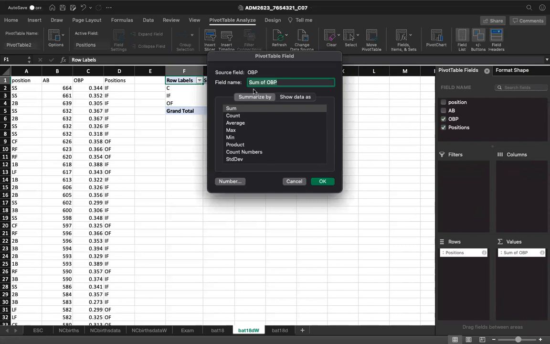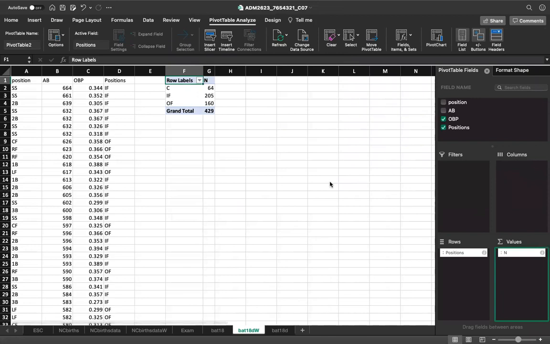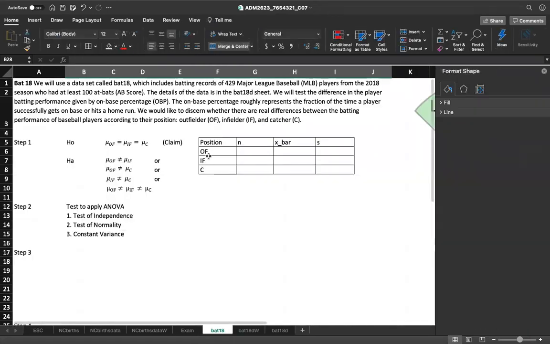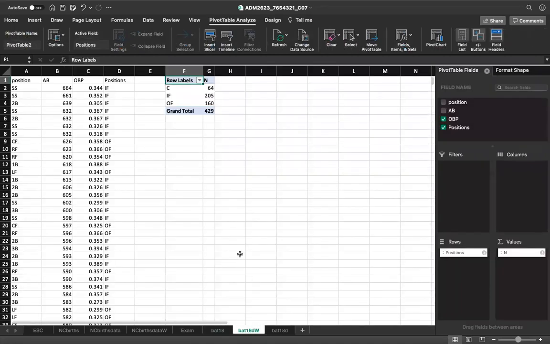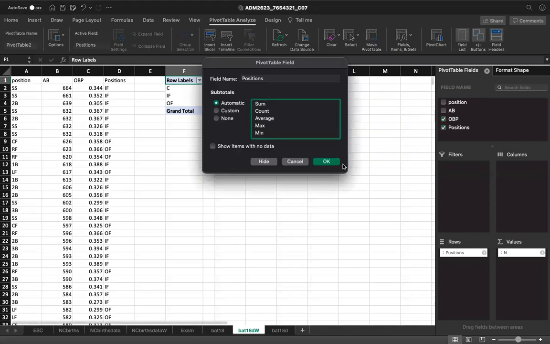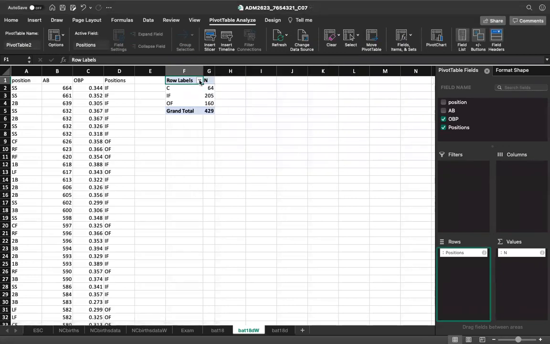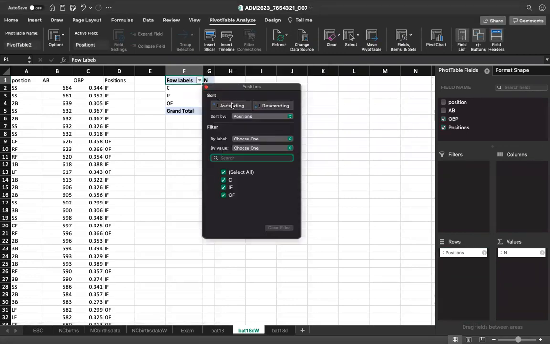First thing is we would like to have the count of each of these. Let's take a look at it. That's 64, 205, and 160. Let's look at it in descending order: OF, IF, and CF.